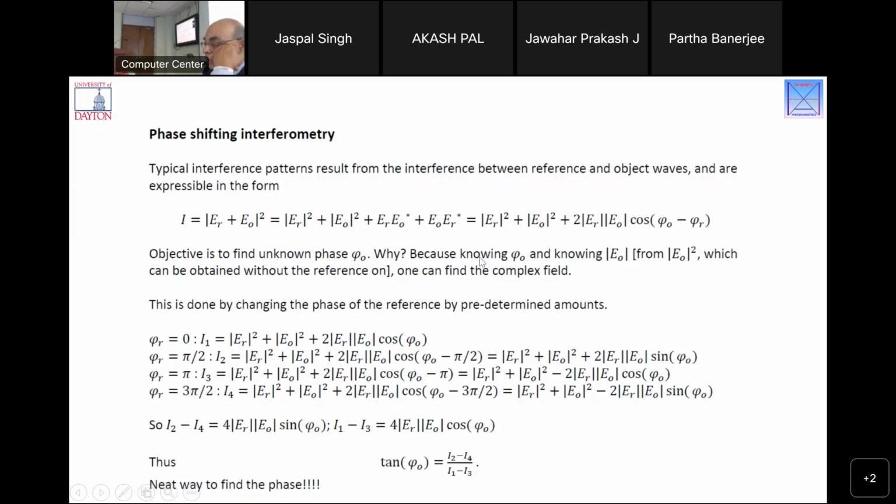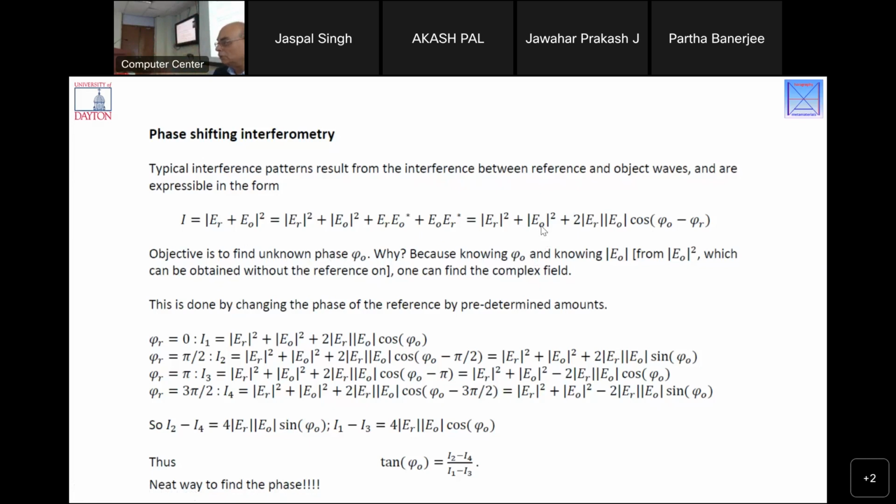Because once you know the phi o, and you know this term because you can measure it, this is the intensity of the light from the object. If you are doing a holographic experiment, you just shut off the reference, then you measure the light that is only falling from the object. So that is the object intensity.